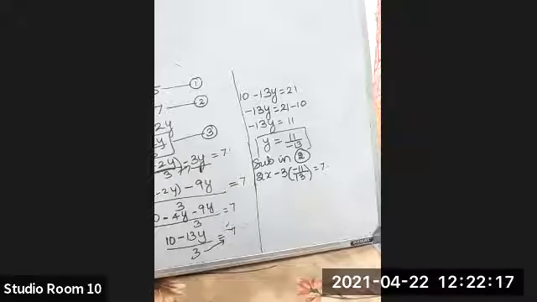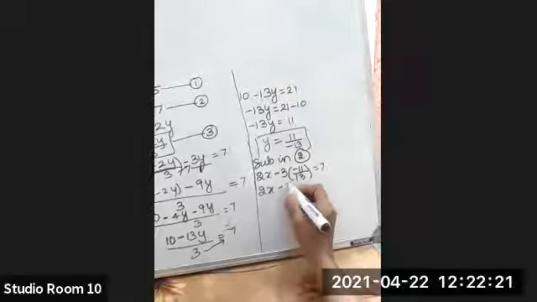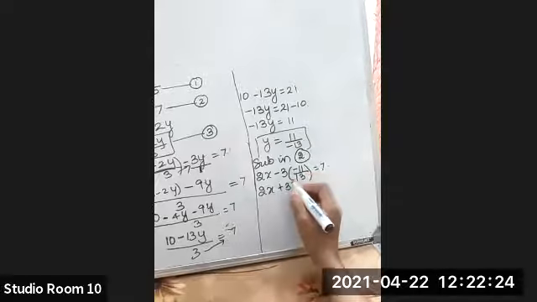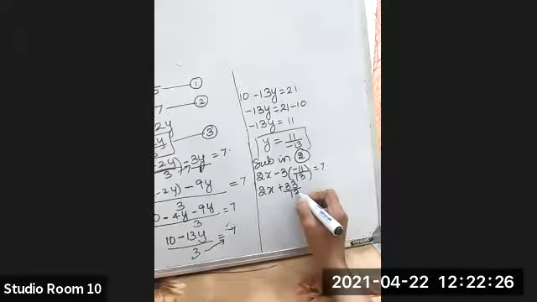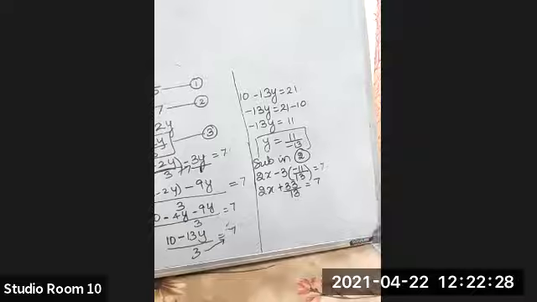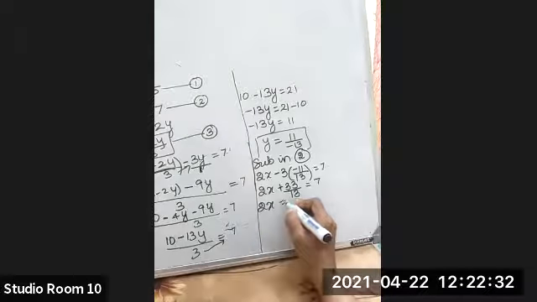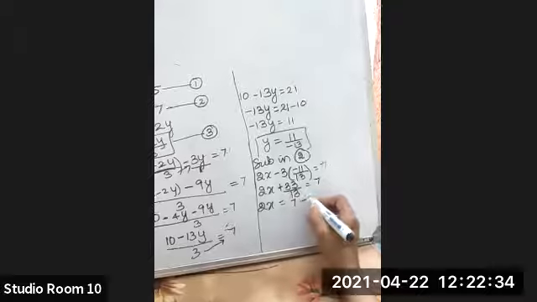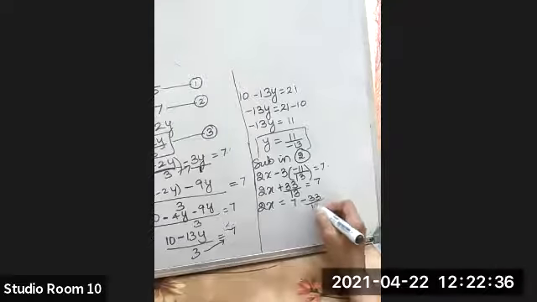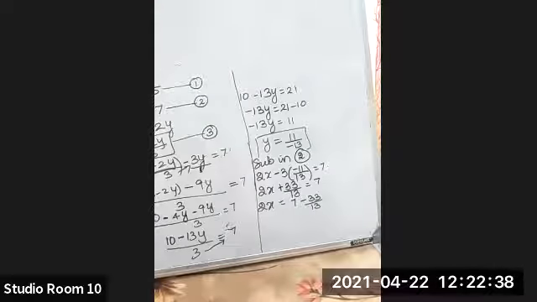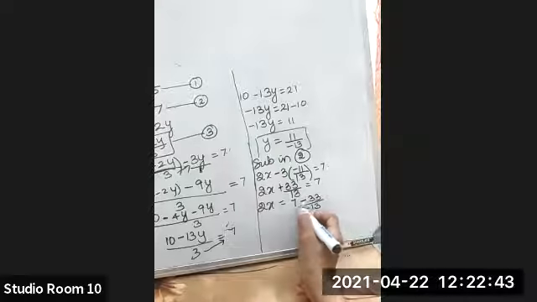In the place of y, I'm substituting 11 by minus 13. So that is 2x, minus into minus becomes plus 33 by 13 is 7. So 2x is equal to 7 minus 33 by 13.